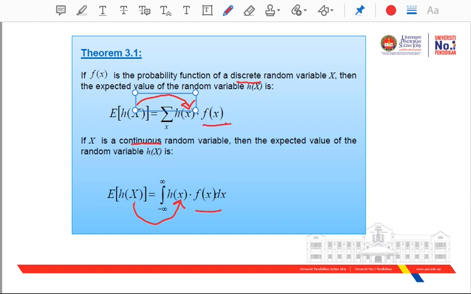That's the way you do it when you have a single variable, for both continuous and discrete random variables. Remember, the reason you need to find E(X) is that you want to find the mean of that random variable or the mean of that function.